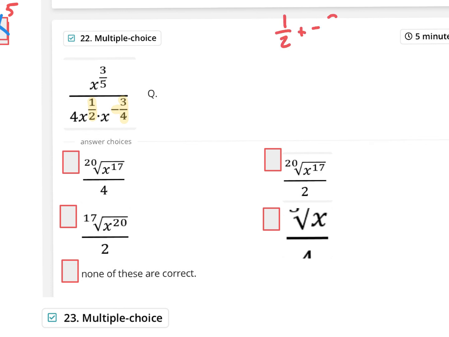plus a -3/4. Now let's go back to the 6th grade. To add fractions, we need a common denominator. So obviously the denominator will be 4, because we already have a 4 right here. So the second fraction, the -3/4, is going to stay -3/4. But I'm going to change this 2 to become a 4.